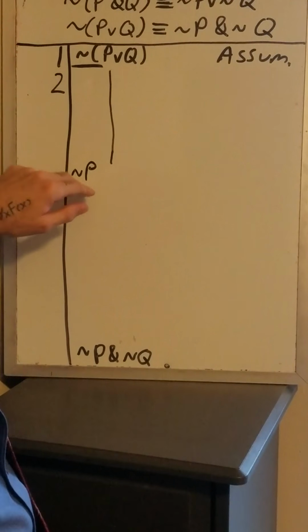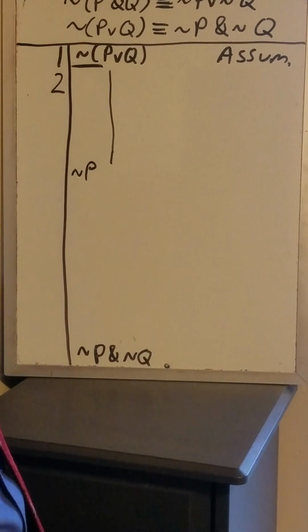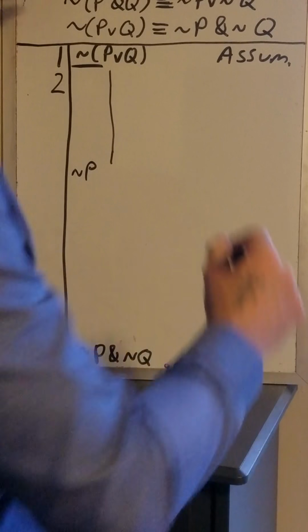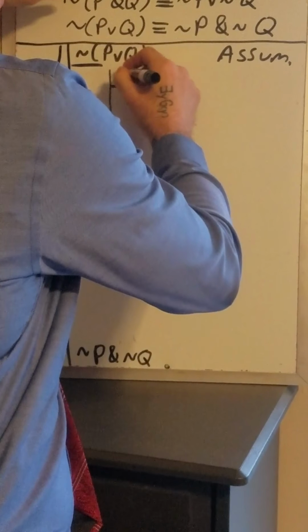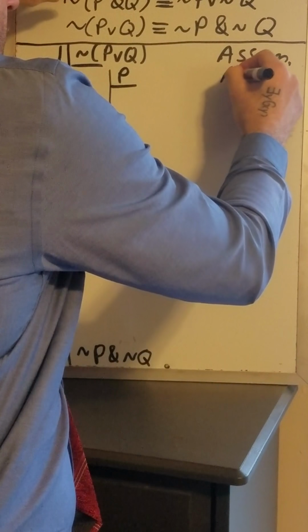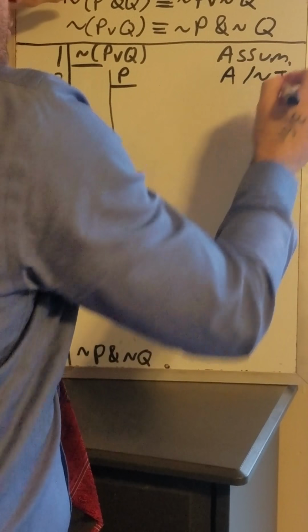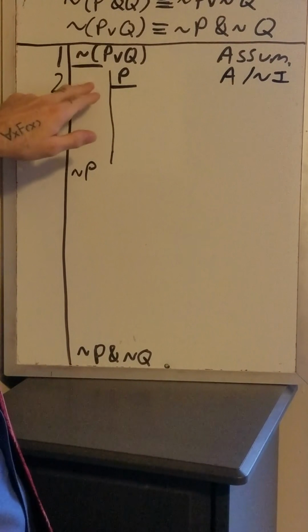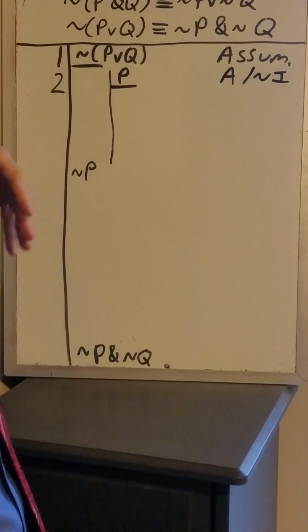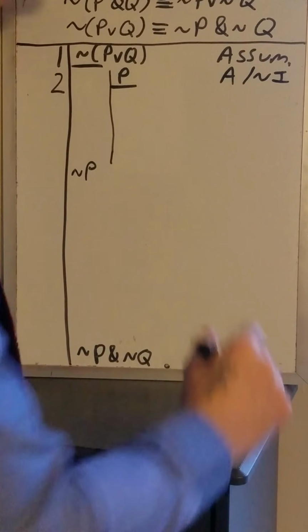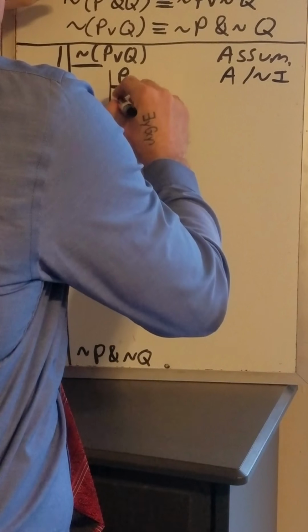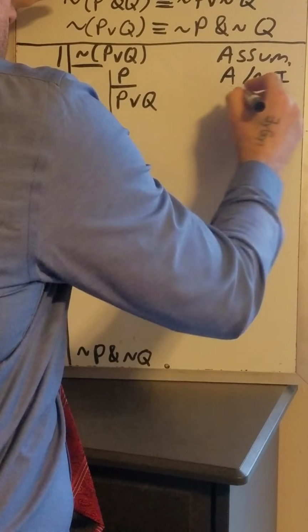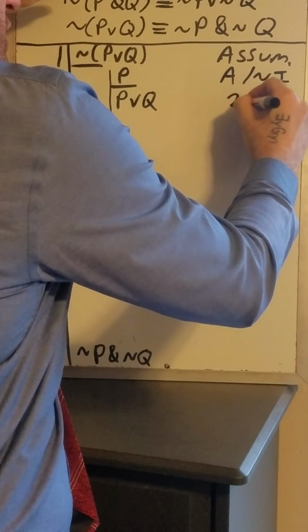So what we're trying to prove here is not P. So let's assume P and show that a contradiction follows. So we're assuming P for purposes of negation introduction. And this is fairly simple now. We use disjunction introduction on line 2.